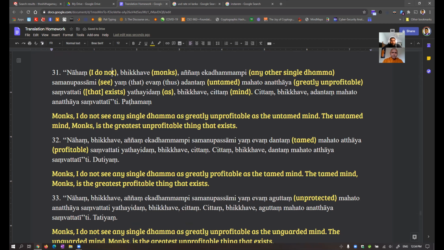Adantang, untamed. Mahato anathaya. Mahato is greatly. Greatly detrimental. I went with unprofitable, detrimental, harmful, something to do with harm, I think.